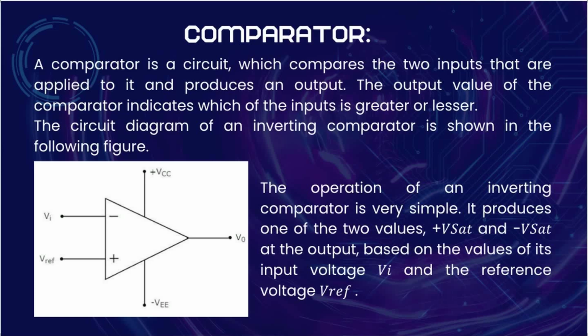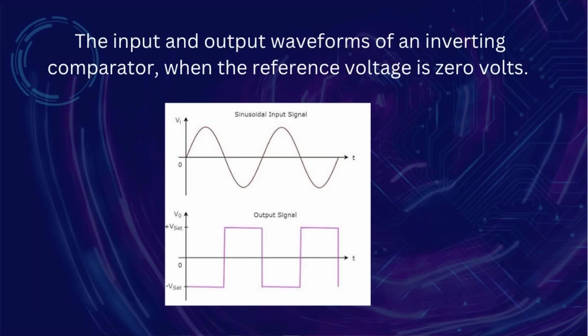This is the circuit diagram of an inverting comparator, and its operation is very simple. It produces one of two values, plus Vsat or minus Vsat, at the output based on the values of its input voltage Vi and the reference voltage Vref. This is the input-output waveform of an inverting comparator when the reference voltage is 0 volt.